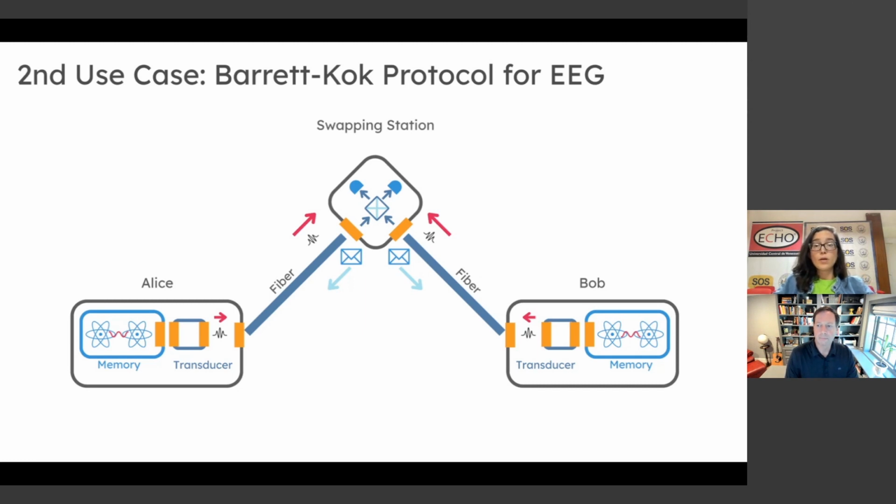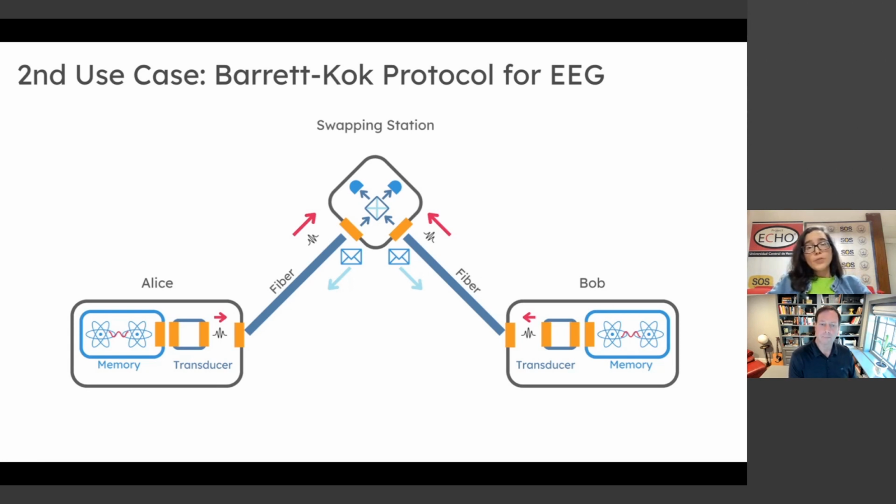And then we also have a new node on our topology called the swapping station or the mid station, which is essentially going to receive 1 qubit from Alice and 1 qubit from Bob. It's going to perform an operation that will ultimately provide the elementary entanglement that we're looking to obtain between Alice and Bob. Another thing to note in this topology is that we are connecting Alice and Bob to the mid station using fiber. So that's another thing that we're going to be simulating in this use case.